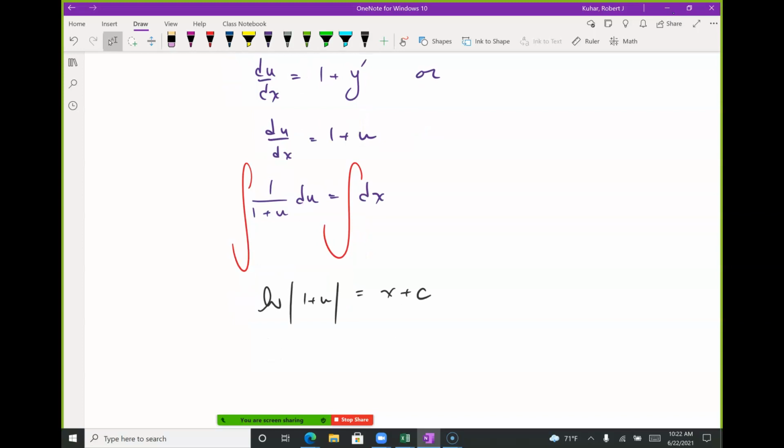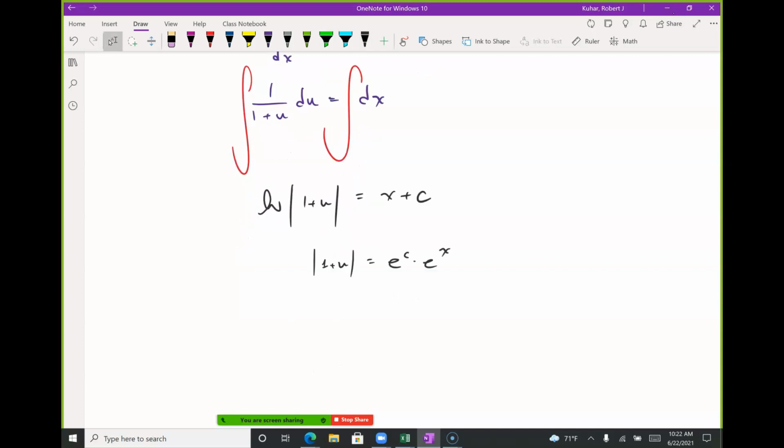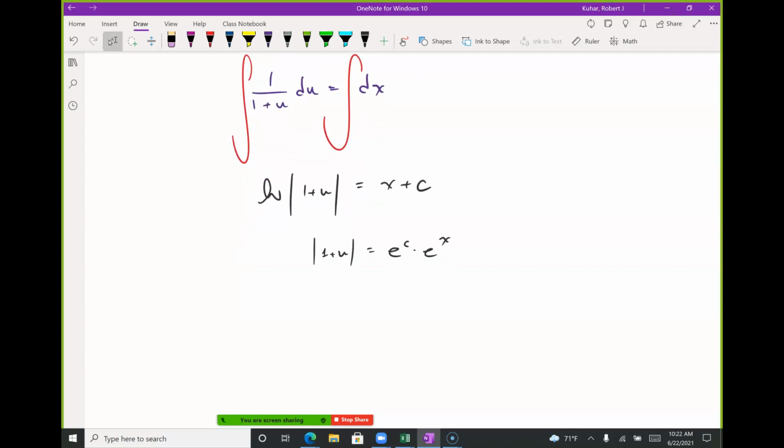Not difficult. So I'm going to raise both sides base e. So absolute value of 1 plus u is e to the c times e to the x. So 1 plus u equals plus or minus e to the c, e to the x.